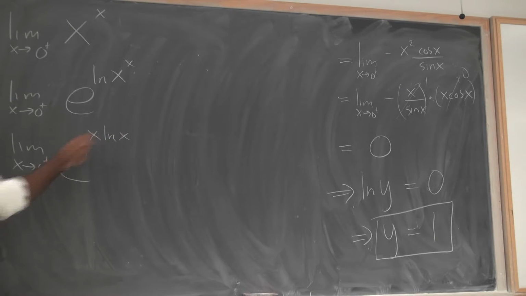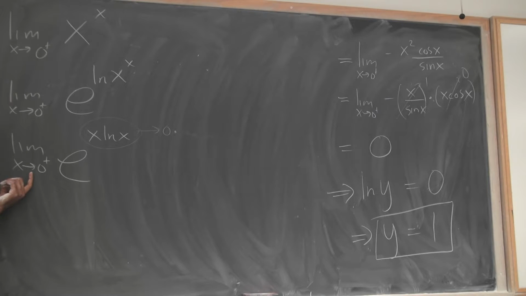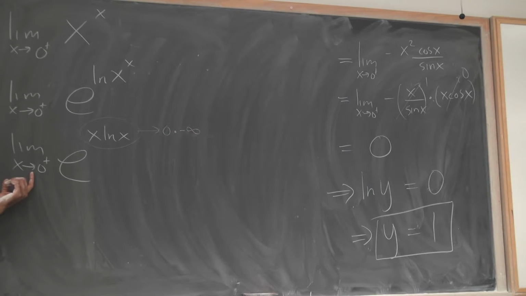Right? So in the power, what's going on? If I'm taking this limit, I get 0 times negative infinity, right? I have a 0 times infinity happening in the power. Useless to me, right?